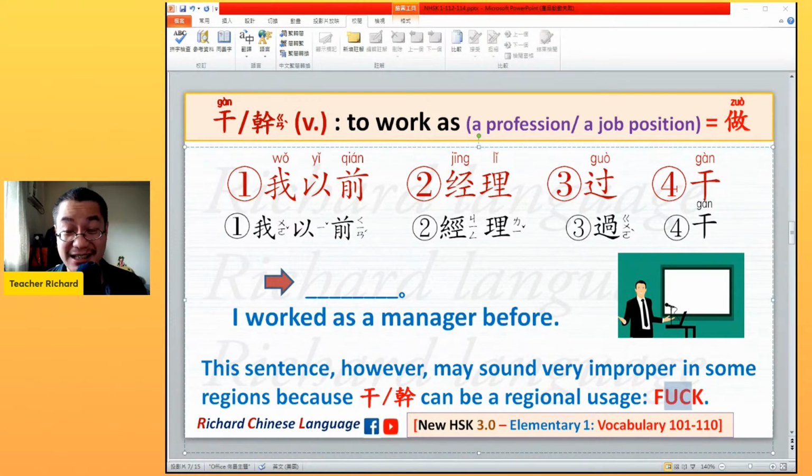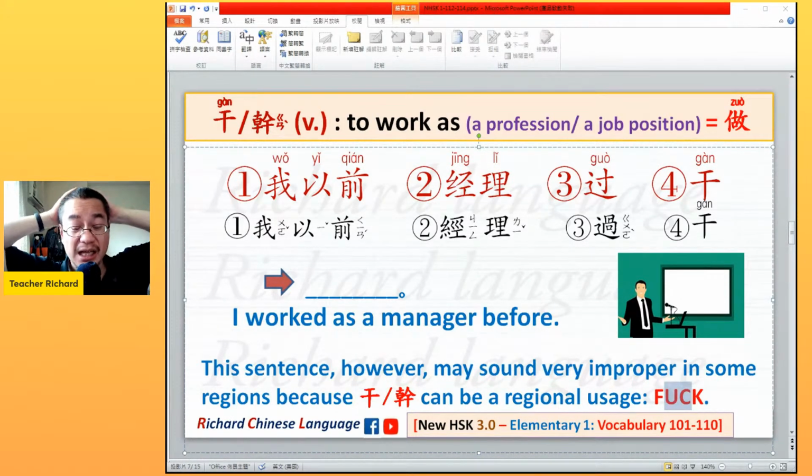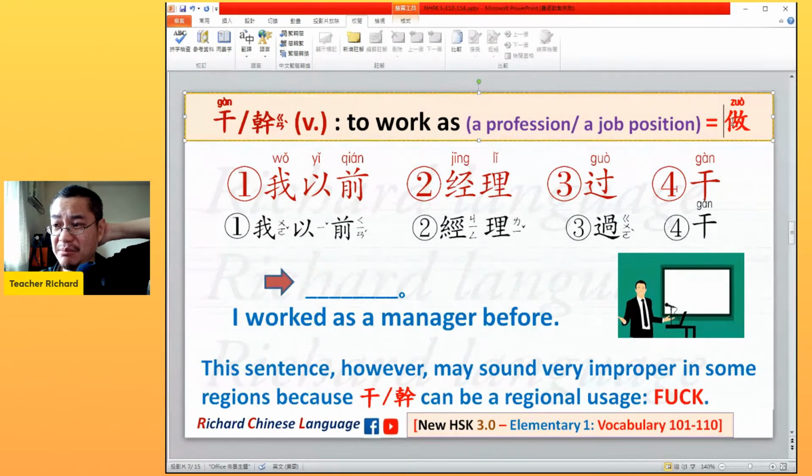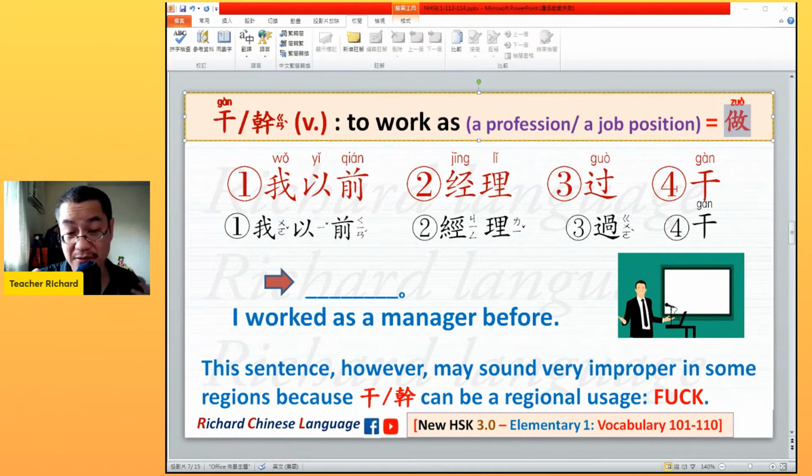People will get quite confused when you use the verb 干. So my suggestion is you use 做, because that won't cause any misunderstanding. 做 is a better word to replace 干, because once again, 干 means to fuck in many regions, especially in Taiwan or in southern China. It's quite a rude word to use.